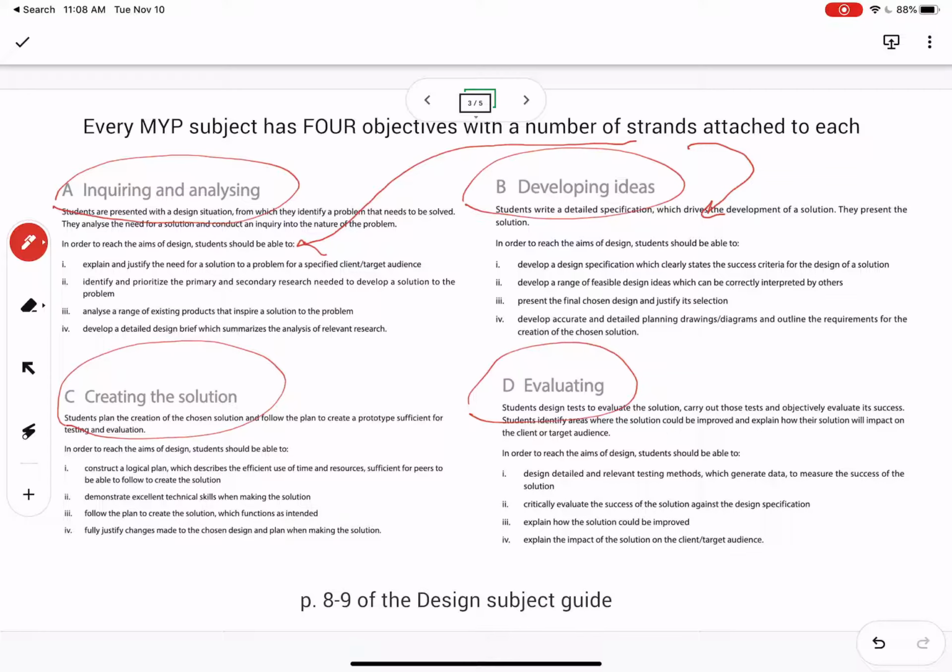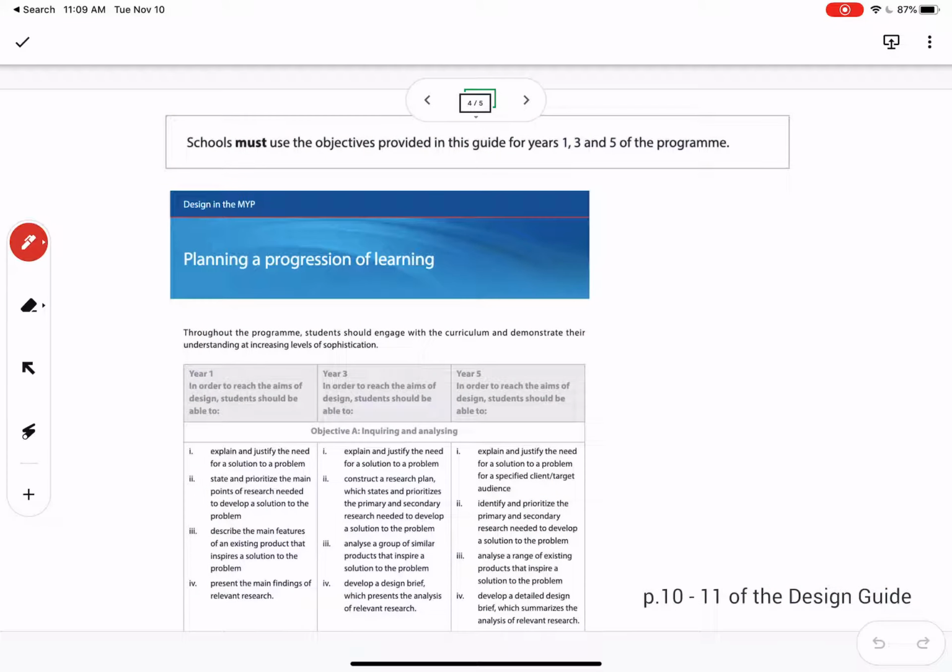So in MYP design, there are 4 strands aligned to each of the objectives, and these are what have to be assessed twice in any 1 year. These are found on pages 8 and 9 of the design subject guide. I would suggest that after the conclusion of this screencast, you engage with pages 7 through 11 of the subject guide in order to firm up some of the understandings that I'm talking about here.